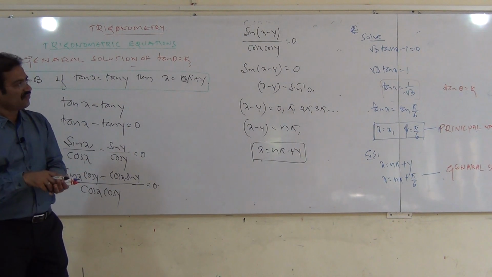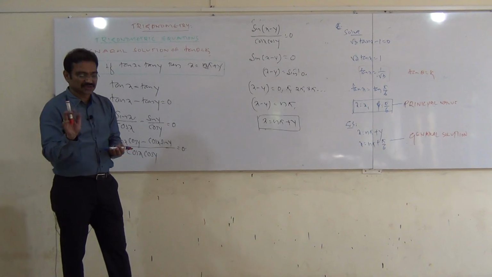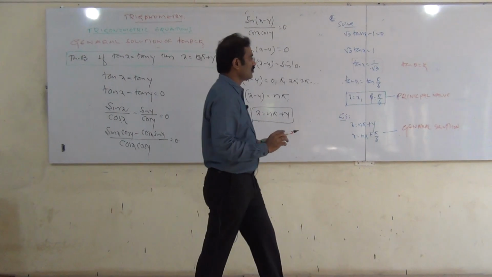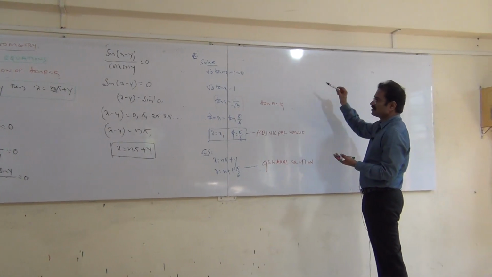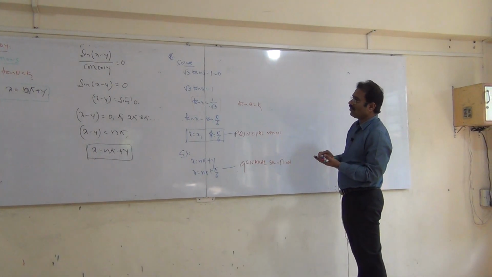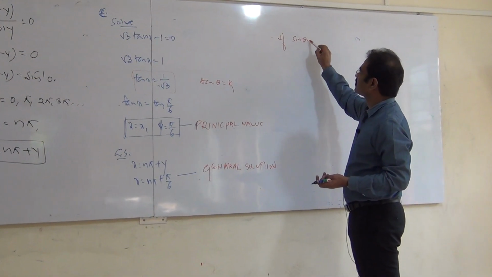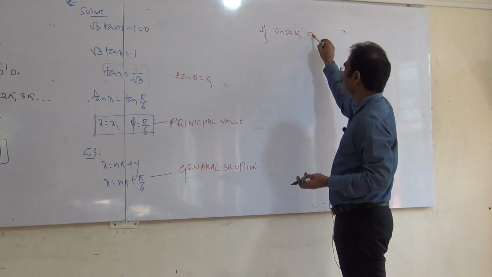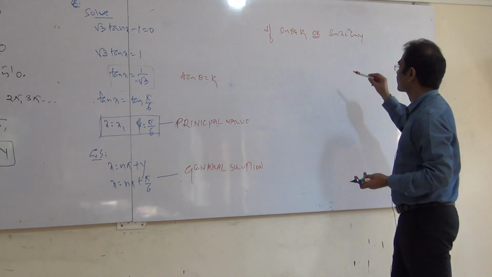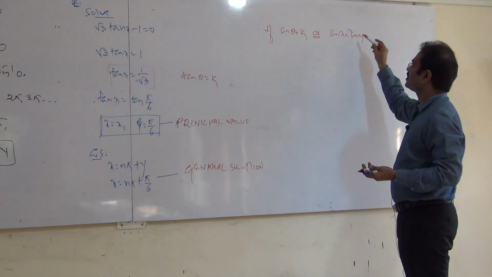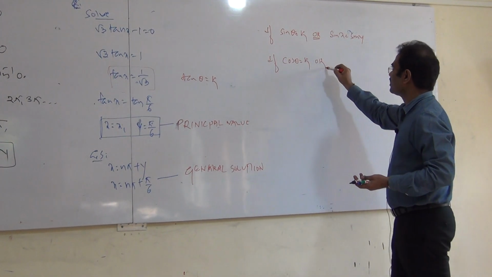Okay, finally we have the 3 solutions. I write the 3 solutions and you practice it. Tomorrow we want that discussion. What is that? If sine theta is equal to k, or sine x is equal to sine y, then if cos theta is equal to k, or how do you write?